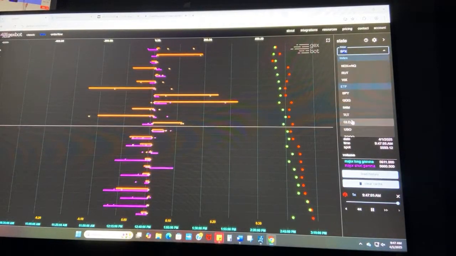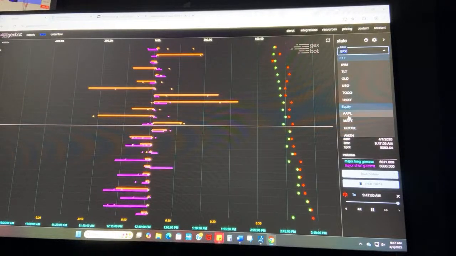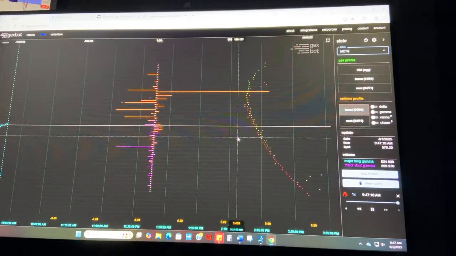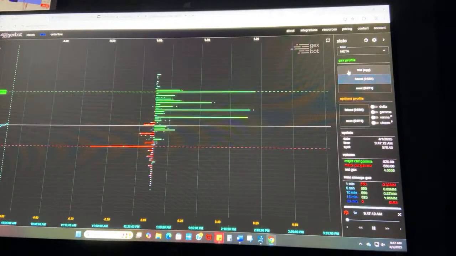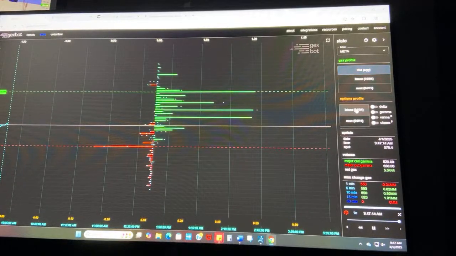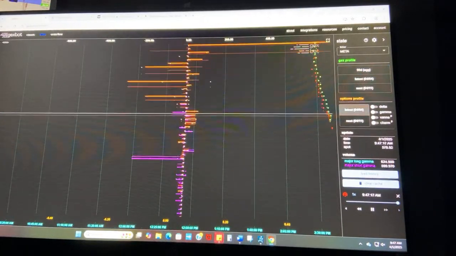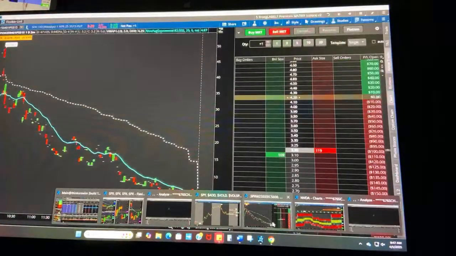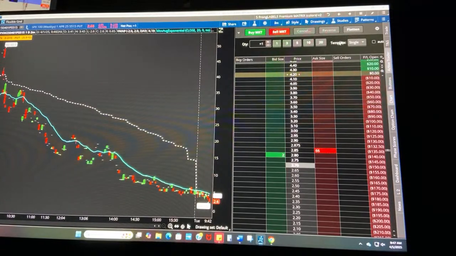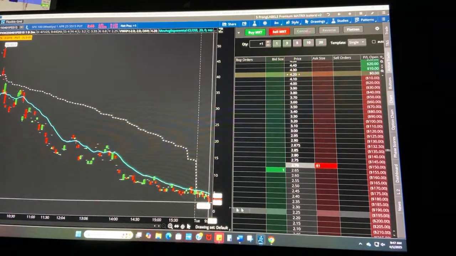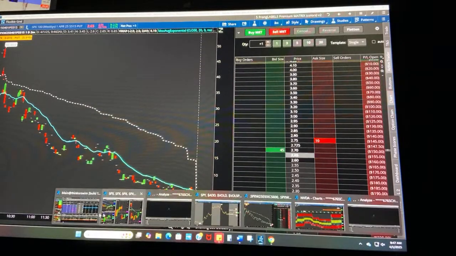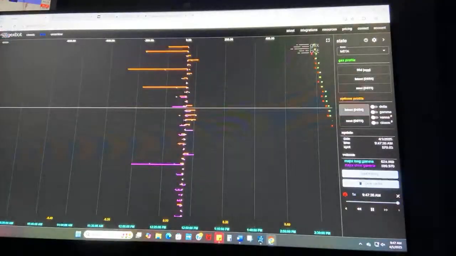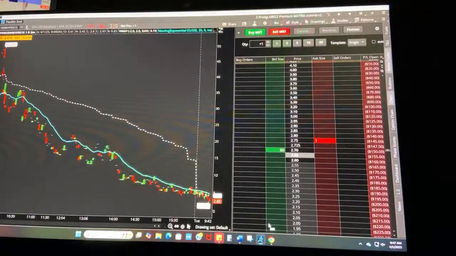You see Meta. I gotta cut this. This was profitable, I gotta cut this. I was too slow on this. Let me cut this clear.